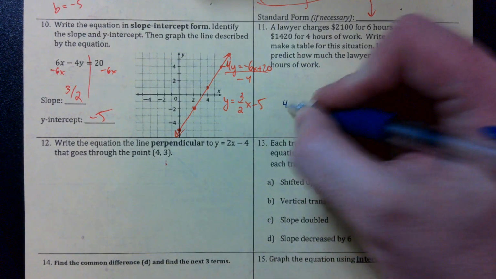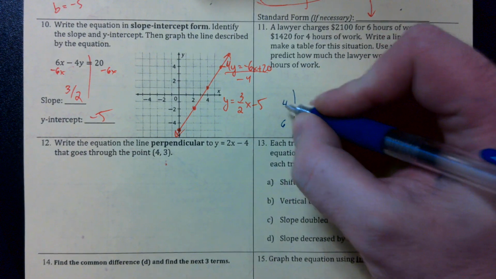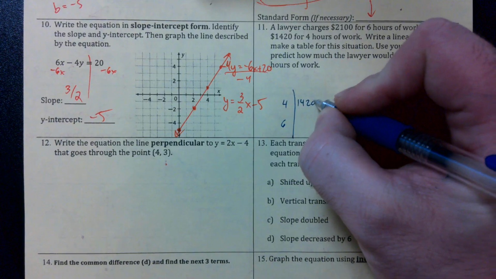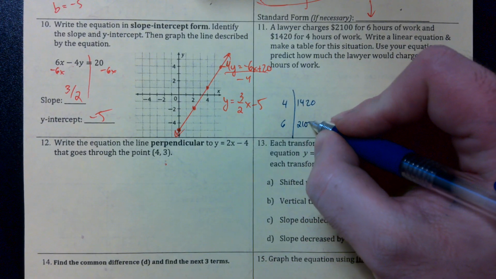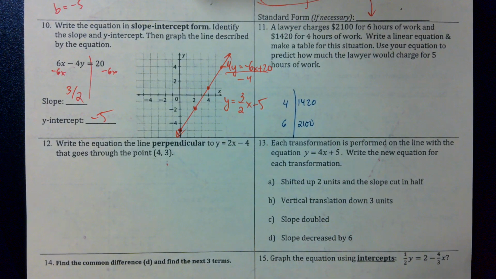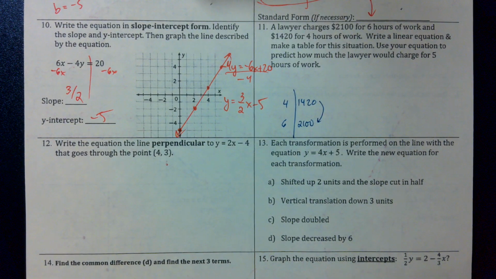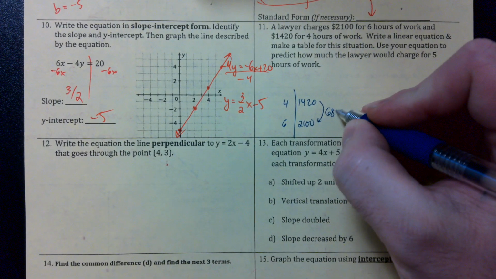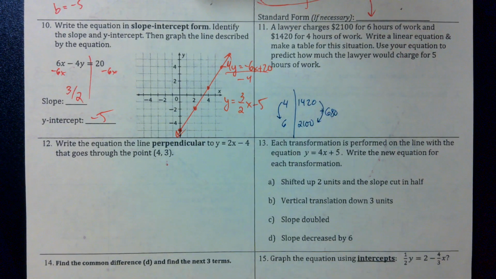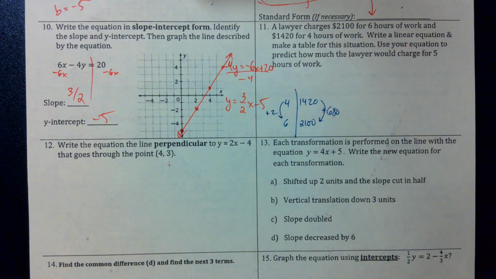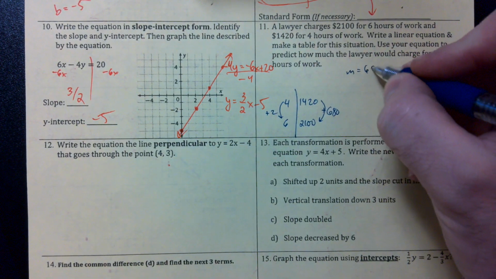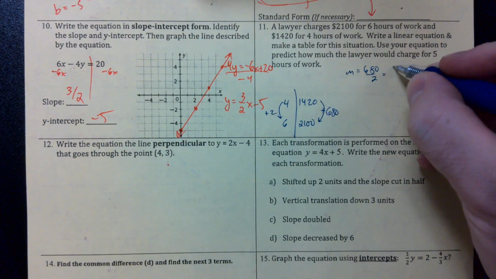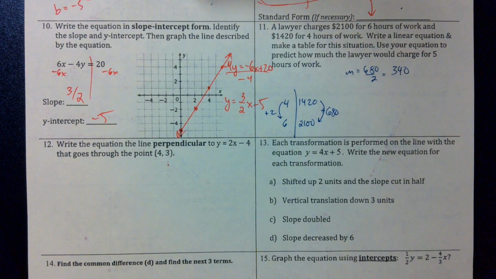Or I could make a table. 4 and 1420, 6 and 2100. What do I add to 1420 to give me 2100? 680. What do I add to 4 to give me 6? 2. m is 680 over 2, which is 340.